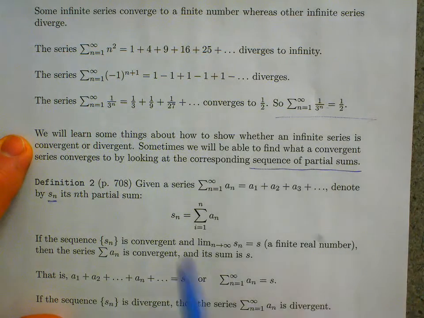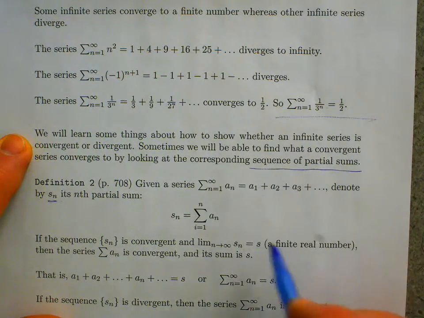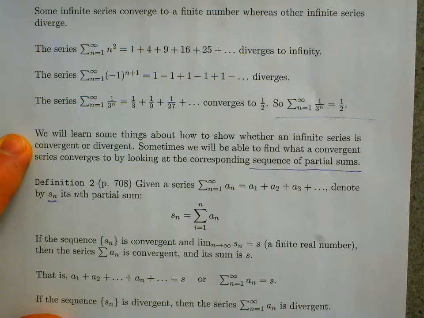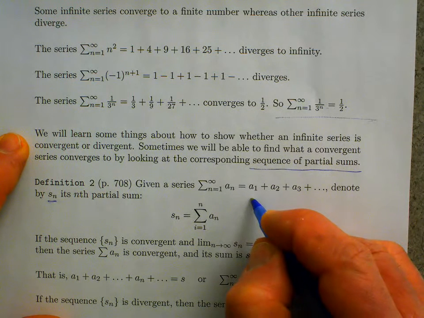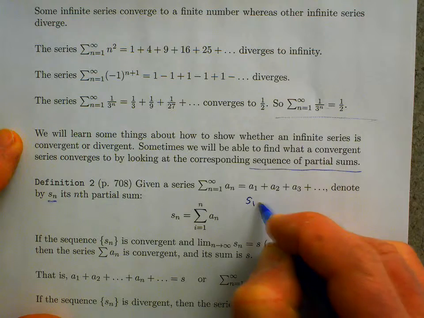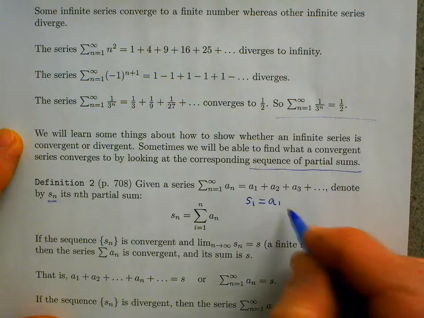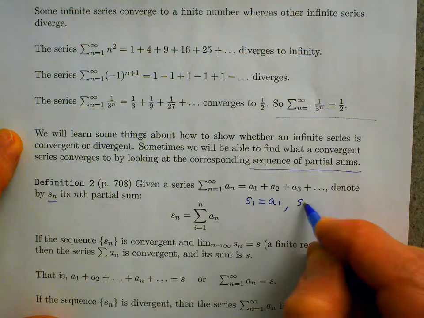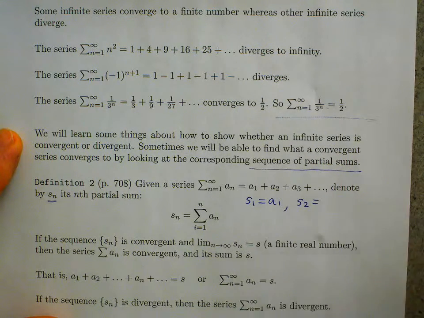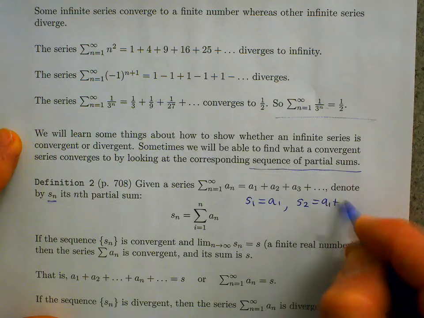It might help if I write a few of those partial sums. S sub 1 is just the first term. S sub 2 is the sum of the first two terms, a sub 1 plus a sub 2.